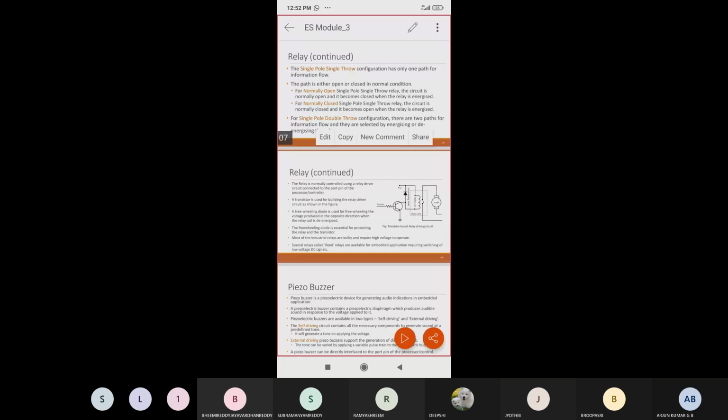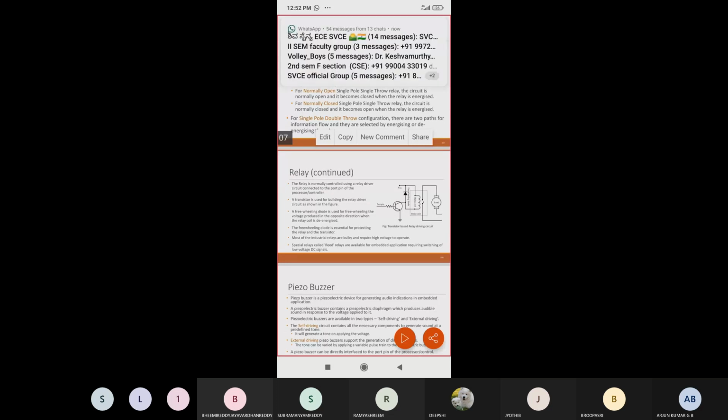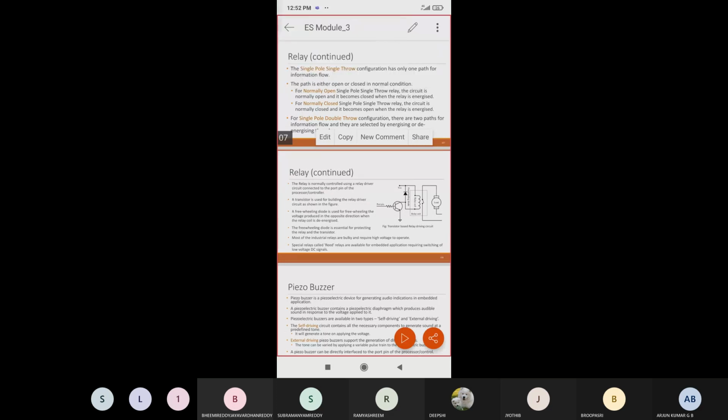And then there is a freewheeling diode. It is used for freewheeling the voltage produced in the opposite direction. Because of electromagnetism, magnetic flux is induced in this relay coil, and through self-induction, power will be generated. Due to that flux only, the power will be generated. There are different types of induction: self-induction or mutual induction.